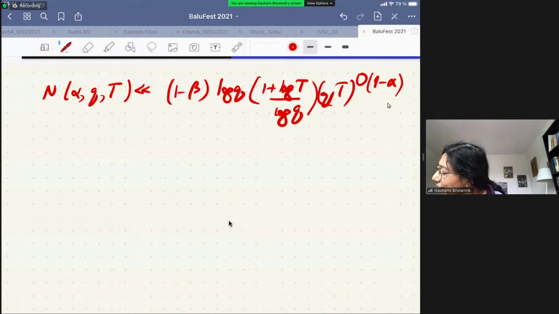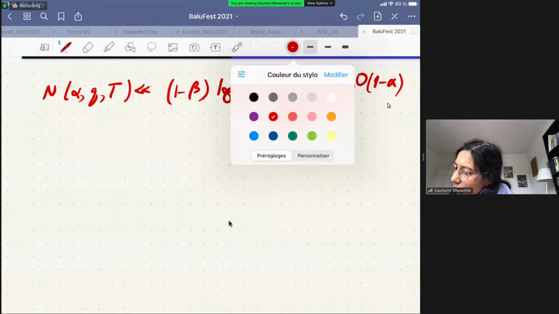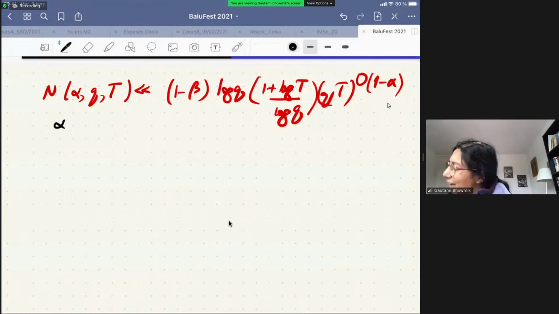Okay, what are all these things? And what is this N? It is the number of zeros counted with multiplicity. And for any L function of modulus Q, this alpha is a bound for sigma.